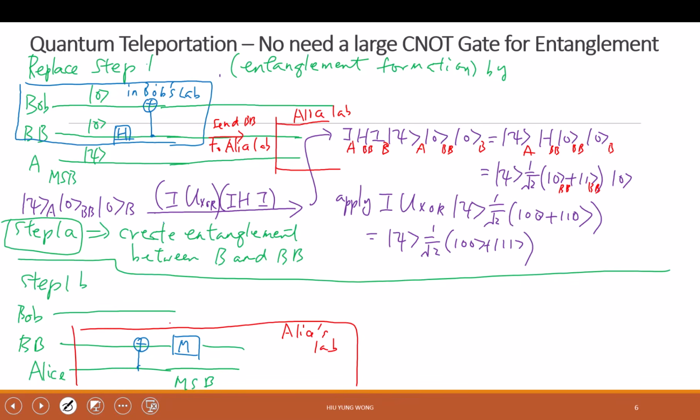So after controlled NOT, what would it look like? So if you look at the previous one, if you look at the state, it originally was psi.